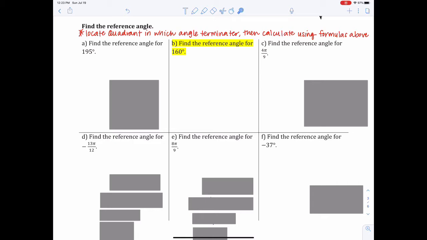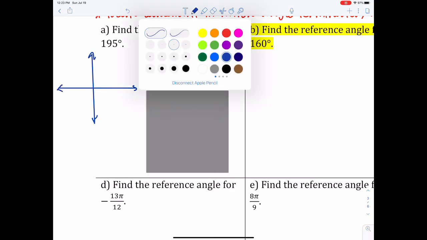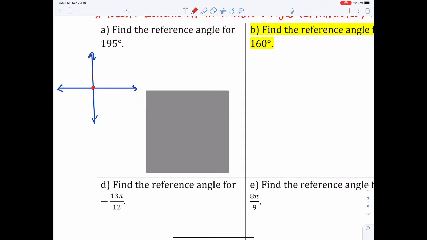And we want to find the reference angle first for 195 degrees. So something that I like to do first is sketch out where my angle is. So I like to always very quickly sketch out a coordinate plane and where my angle is. So I know if I start my angle on the positive x-axis, it's always going to start like this.